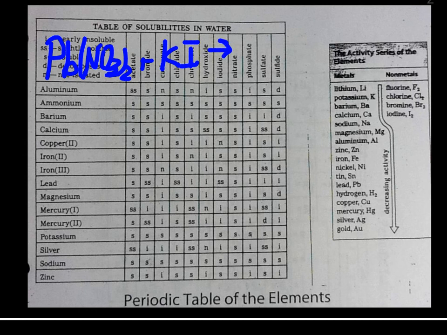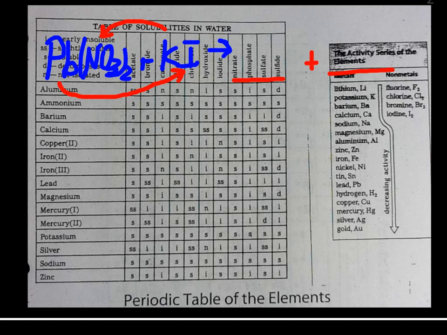Now, what's going to happen, or what did happen, is the lead went over and found the iodide, and the potassium went and found the nitrate. And that's a pretty simple idea of what happened in this reaction, but I want to know what those two products are. Which one is the solid and which one stays aqueous?